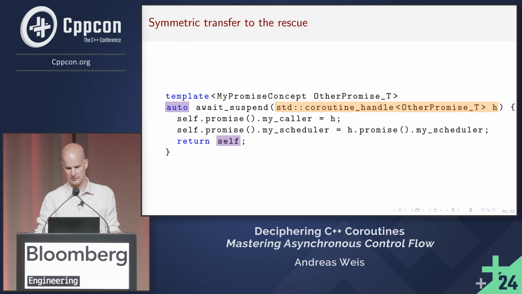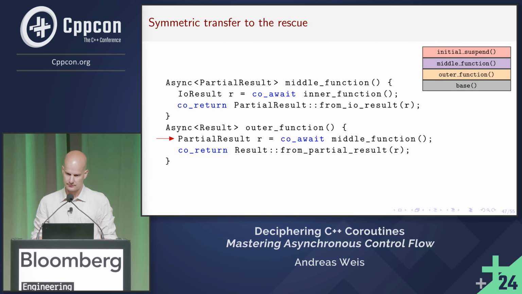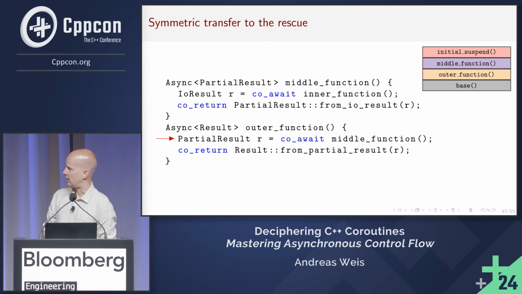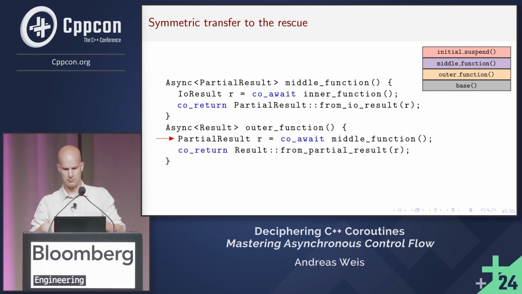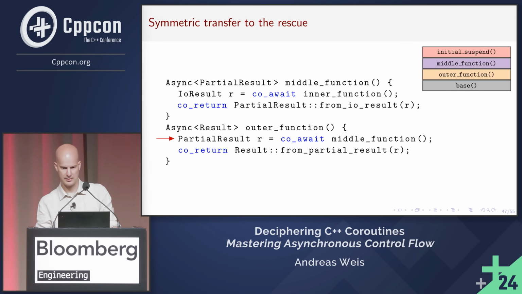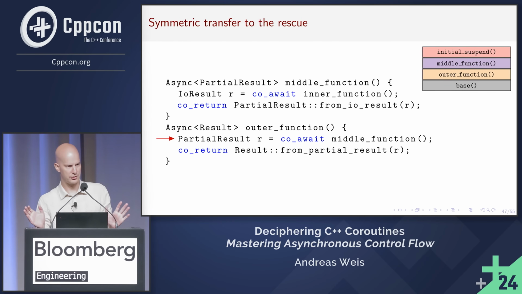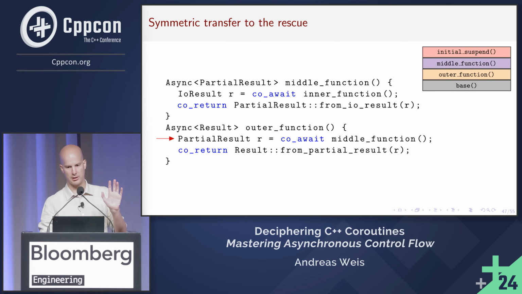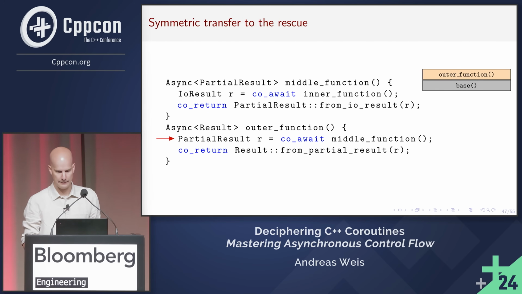So let's look at that in a little bit more detail because it can be a bit confusing. We're down at the bottom, right? The outer function is spawning the inner function, which in this case is called middle function. That function starts up, and as part of its ramp up, initial suspend is called, and initial suspend just says right away, put me back to sleep. So control goes back to the outer function.